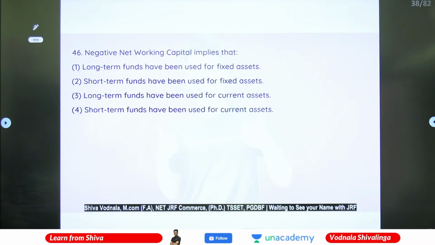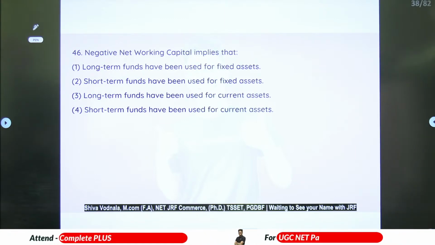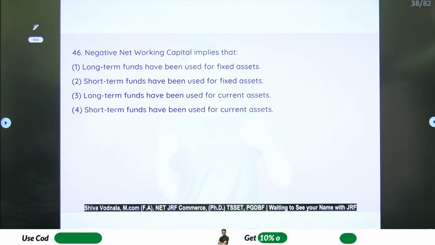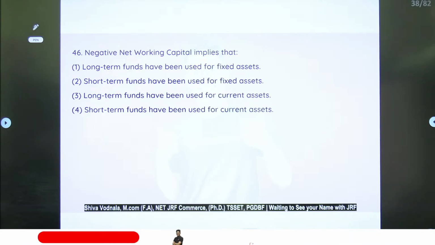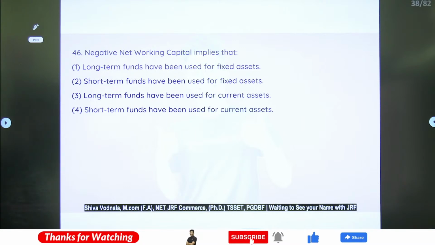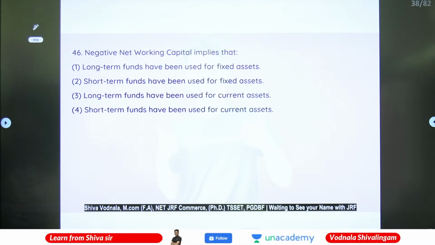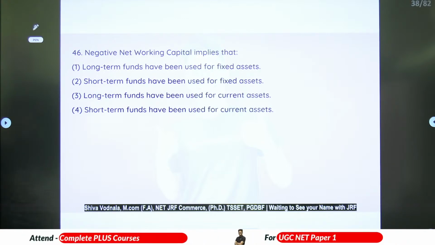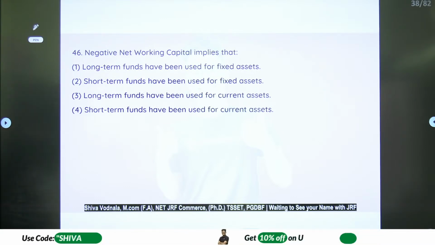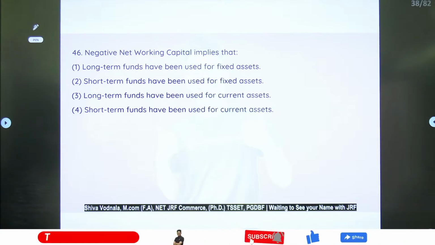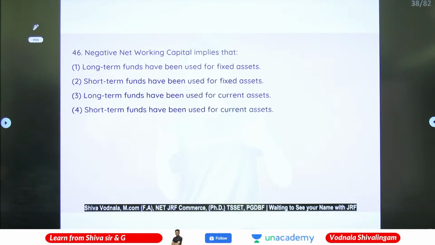Tax benefit is available. So the answer is that 2 is the correct answer.